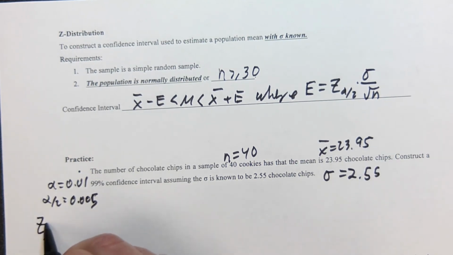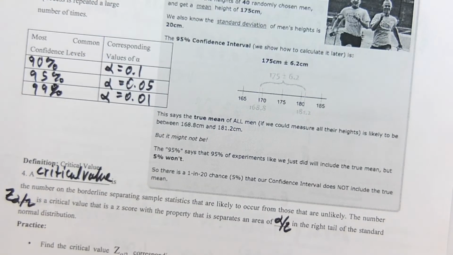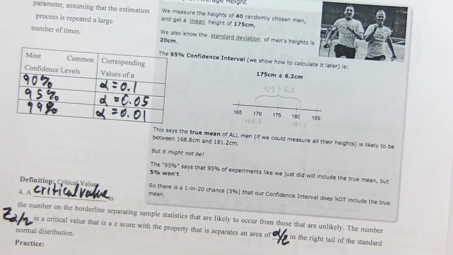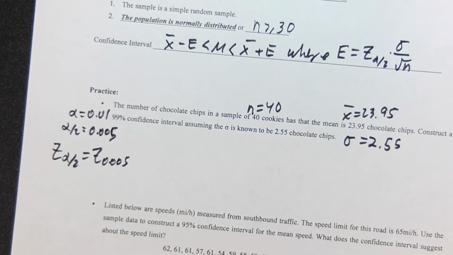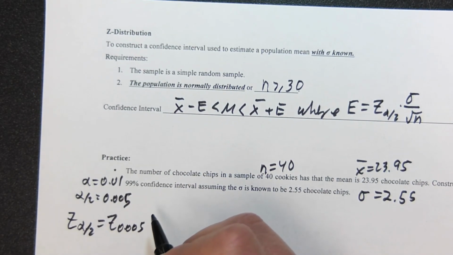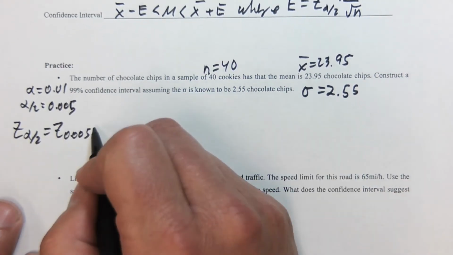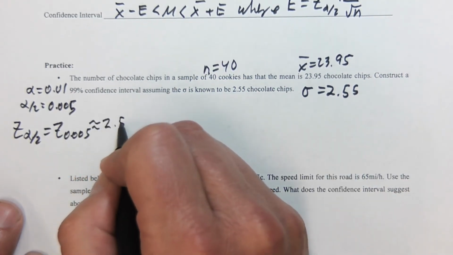Well, we know that z sub alpha over 2, which is z sub 0.005, we already calculated on a previous page, right here, 2.576.